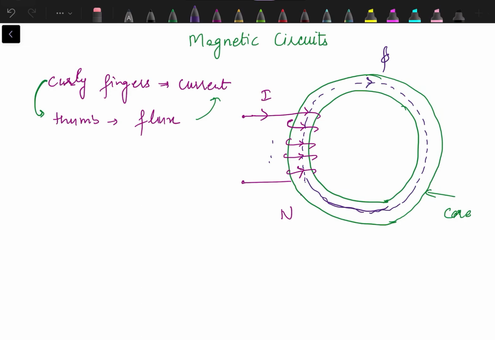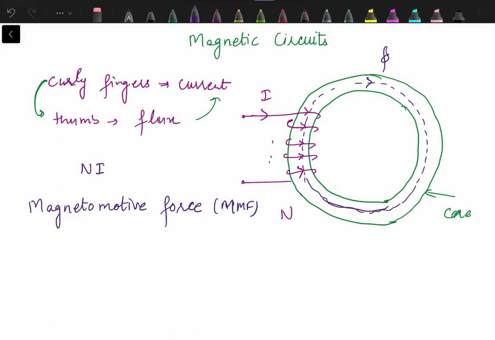So basically N into I, they are responsible for production of flux, and this is actually known as magnetomotive force, denoted by mmf.